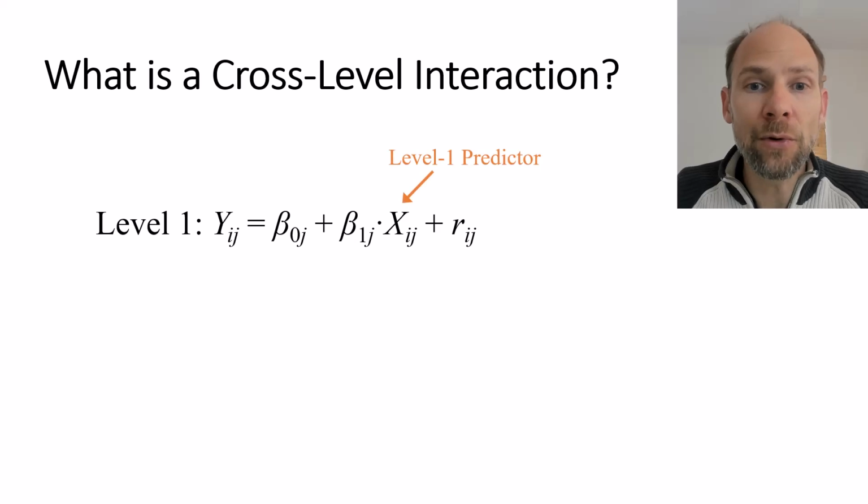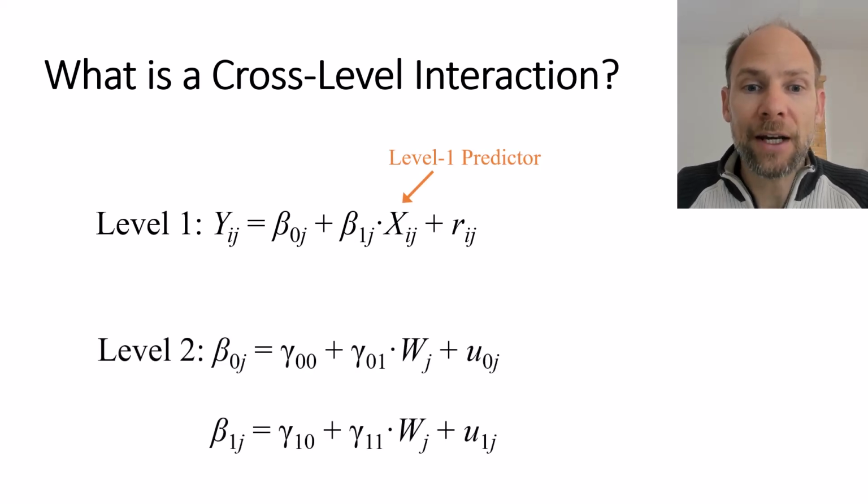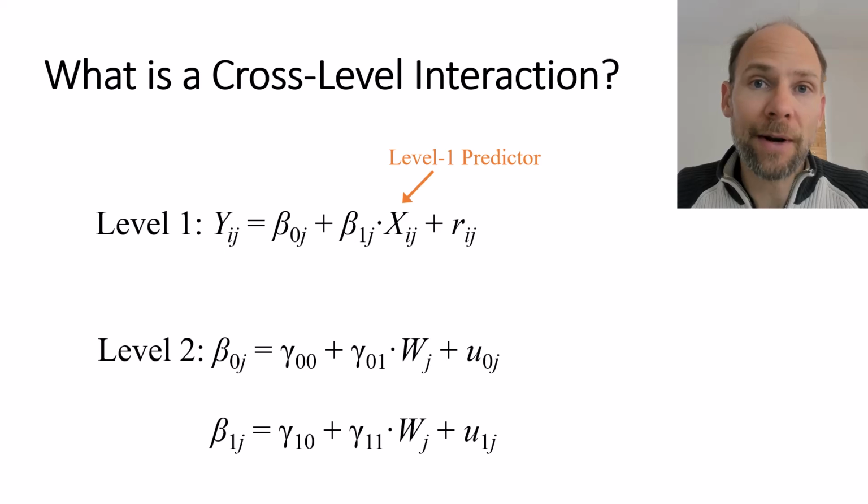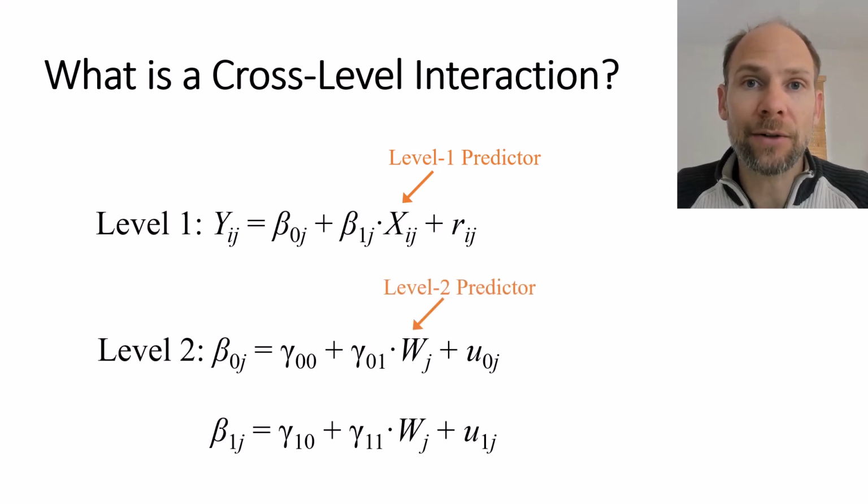At level 2, we then have an equation for beta 0j and also for beta 1j potentially. So in this case, we have both a random intercept and a random slope, and we predict both the random intercept and the random slope with a level 2 predictor wj.